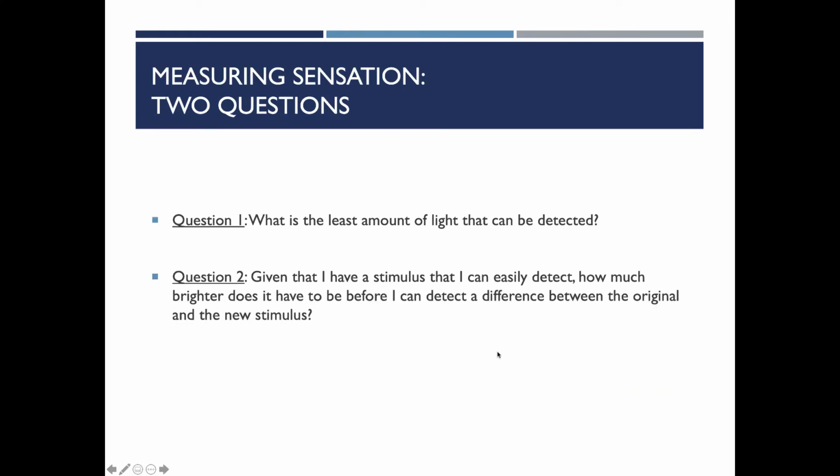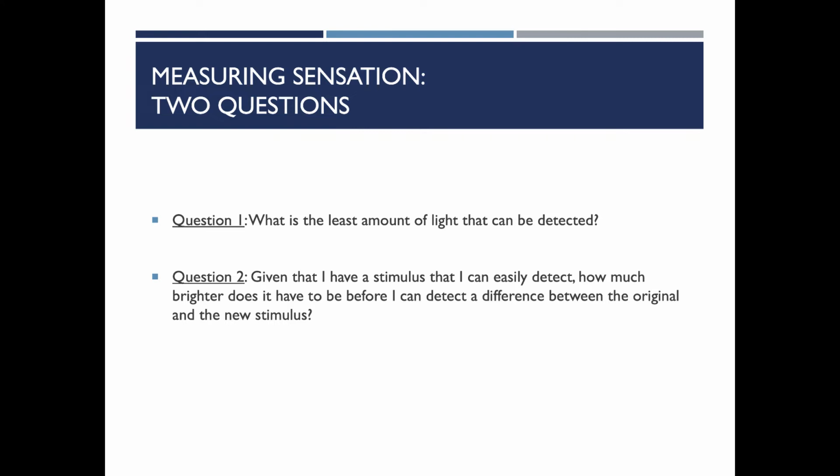Now there's two questions that we can ask when measuring sensation. We're going to ask them first in what we can call English, so to speak, a very simple way of stating the questions, and then we'll state them the way that psychologists ask these two questions. So the first question is, what is the least amount of light that can be detected?